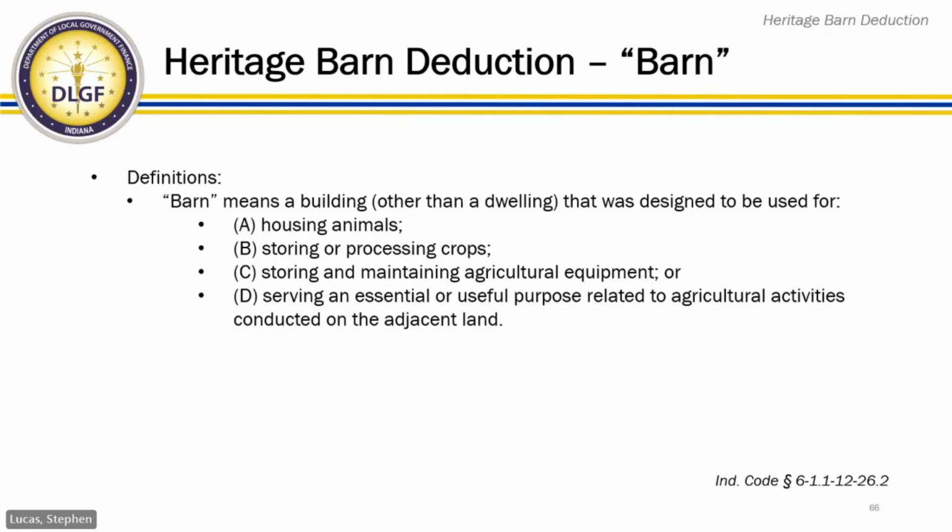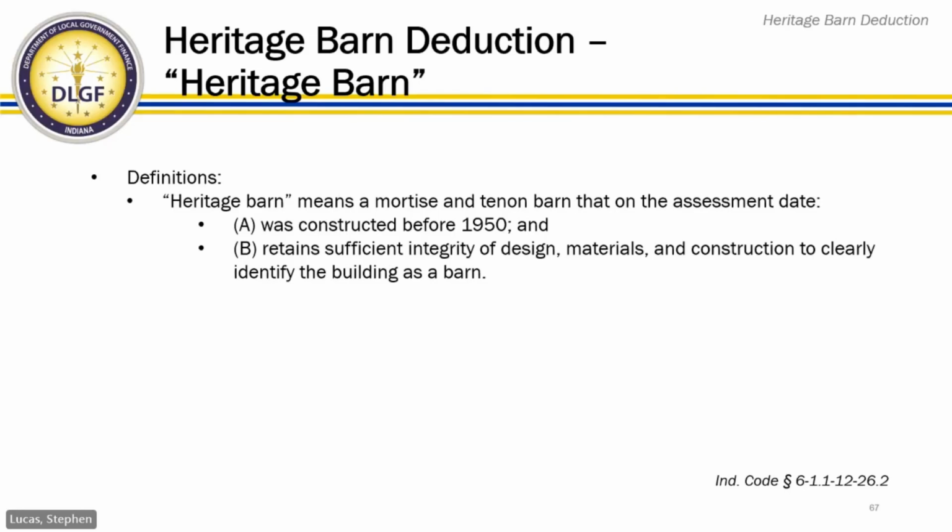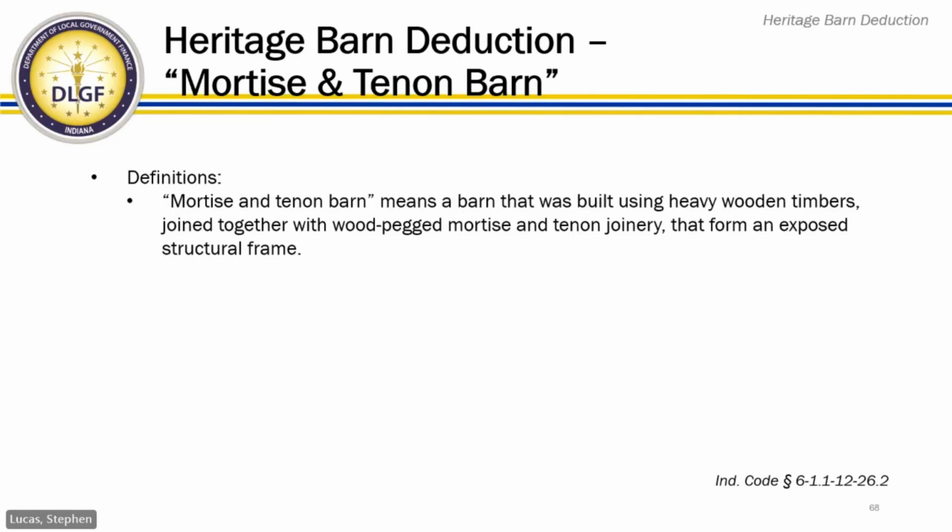Next slide. Now, a heritage barn is a mortise and tenon barn constructed before 1950 and retains sufficient integrity of design, materials, and construction to clearly identify the building as a barn. Next slide.